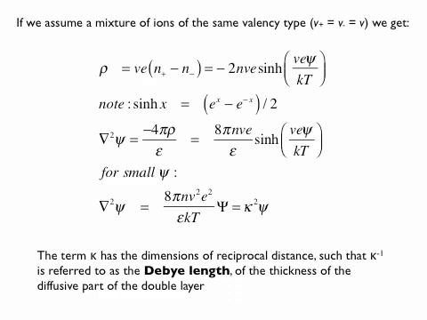So if you put that into the equation, you rearrange this and you get the expression on the right, which is a sinus hyperbolicus, which is nothing else than e to the power x minus e to the power minus x, divided by 2. So that's why that factor of 2 kicks in there with respect to what we had before.